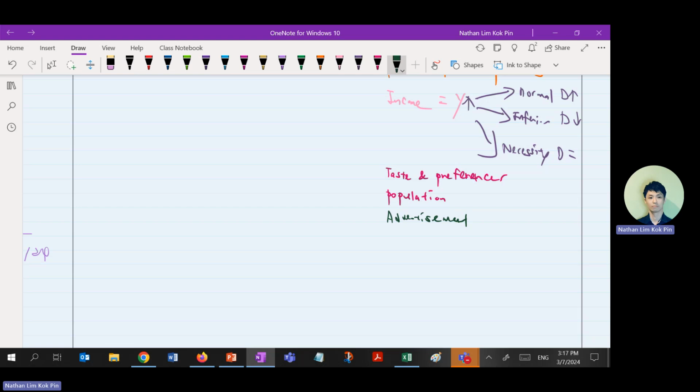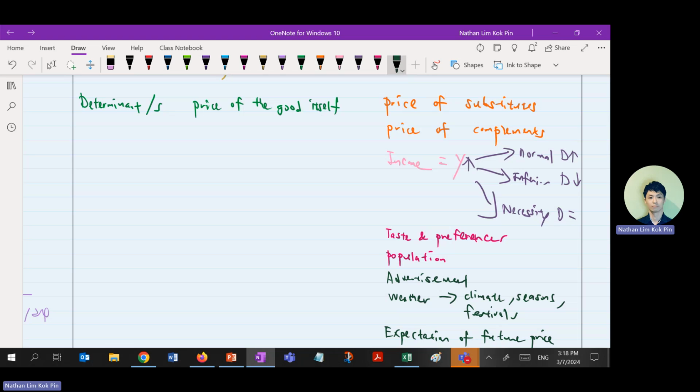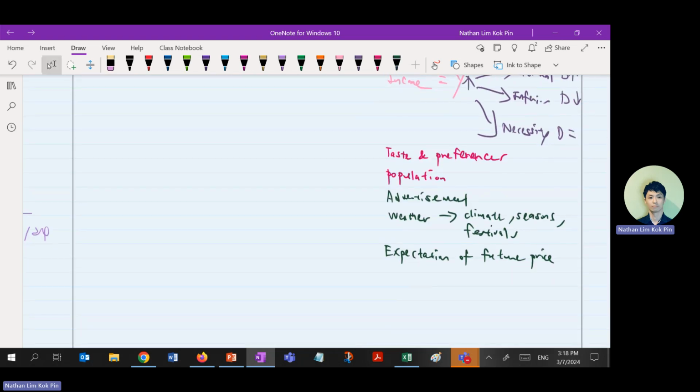We also have weather. Weather includes, other than climate, also seasons and festival. And it includes expectation of the future price, right? If you're wondering whether this will count or not, chances are also very high.